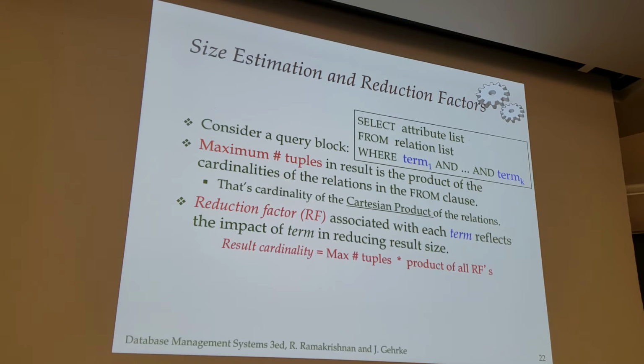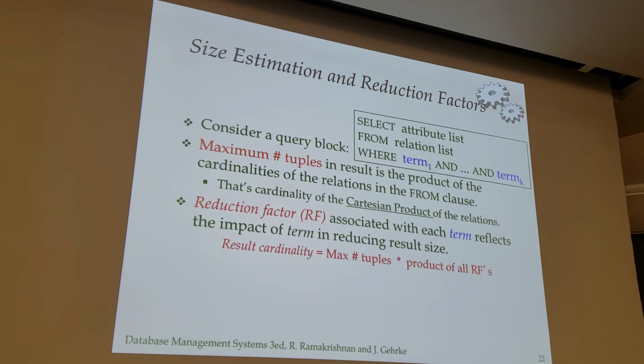So you'd have a reduction factor of 1/2, because you have two different values, and each of them appears half the time. So each term would have a reduction factor. Suppose that you had 50 states that people could be from, and you're looking for something where the state is California or Hawaii. Then the reduction factor would be 1/25 if you assume that all states are the same.